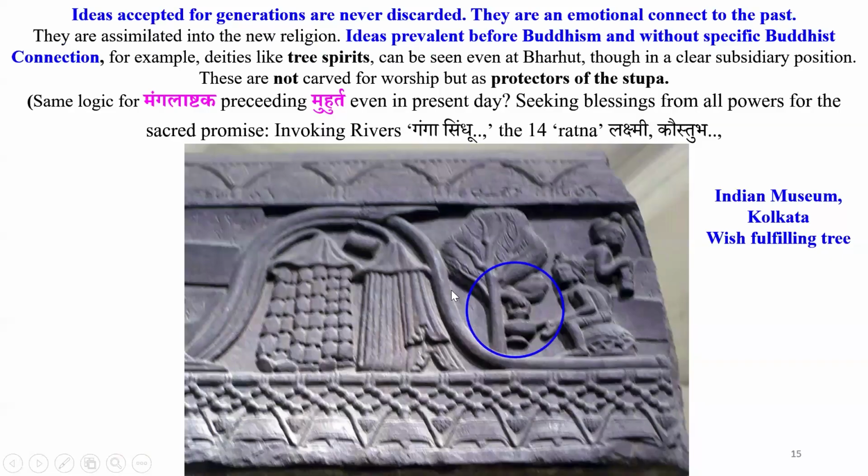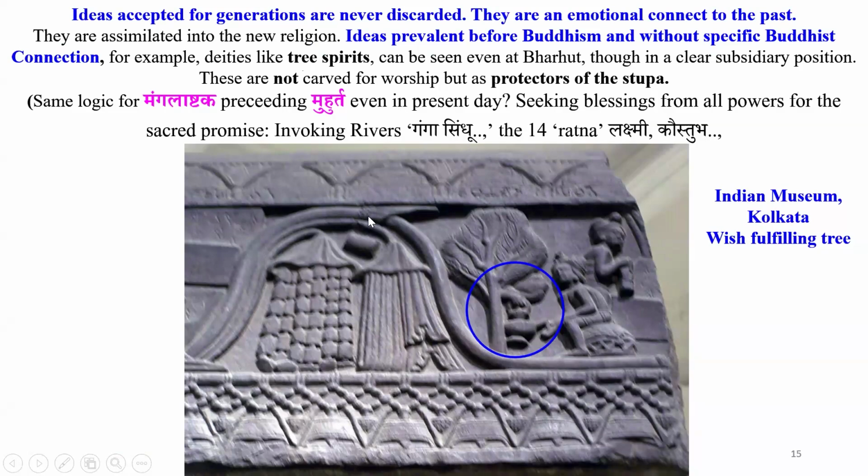So that brings me to another idea. This is the idea before the advent of image worship, construction of temples, etc. People worshipped ordinary things which they considered holy, protective spirits, and one of them was a tree spirit. This is part of the Barhut railing, just one of the panels, and although it is not part of Buddhism, it still feels that it somehow protects.